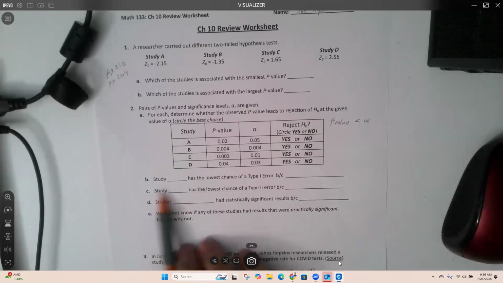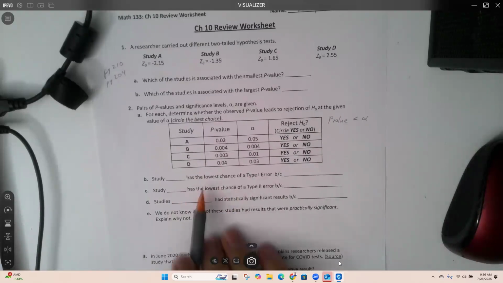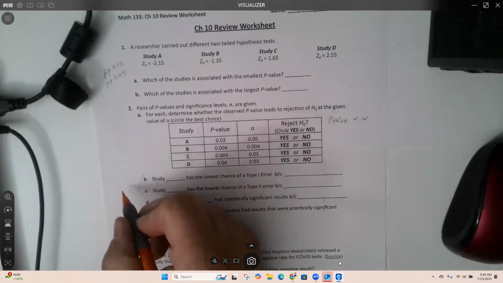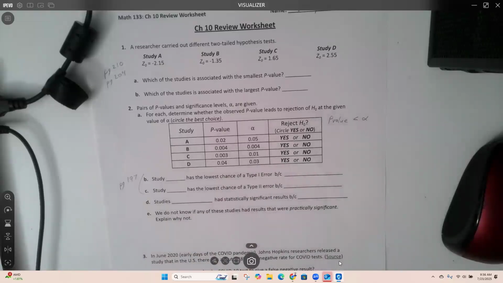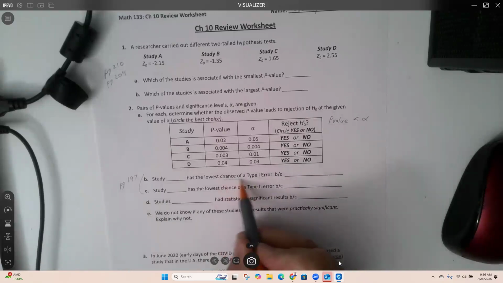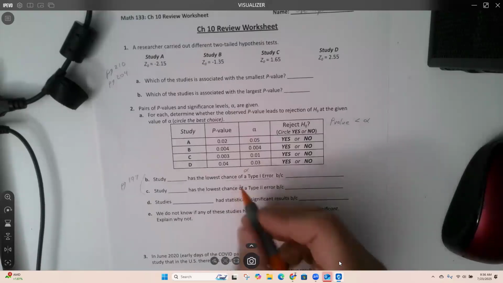Of these studies, which one has the lowest chance of a type 1 error? Which one has the lowest chance of a type 2 error? You'll find this on page 197. The chance of a type 1 error is the alpha value, which they already give you.